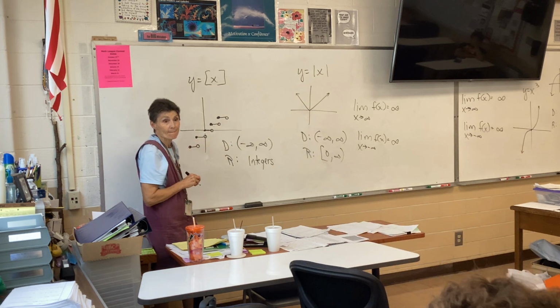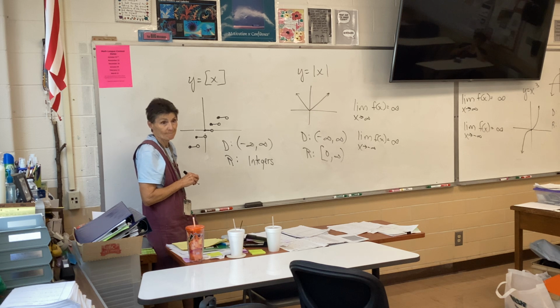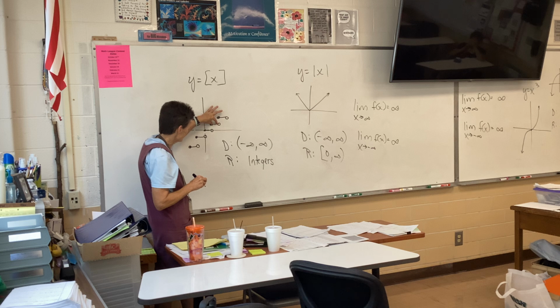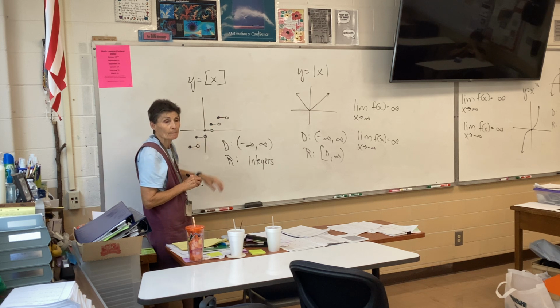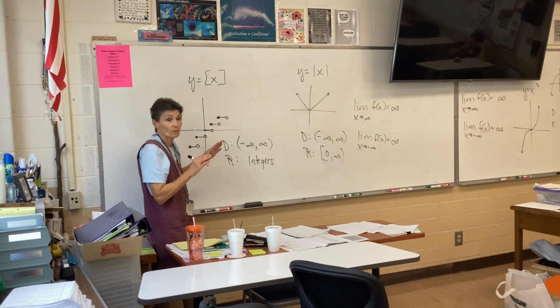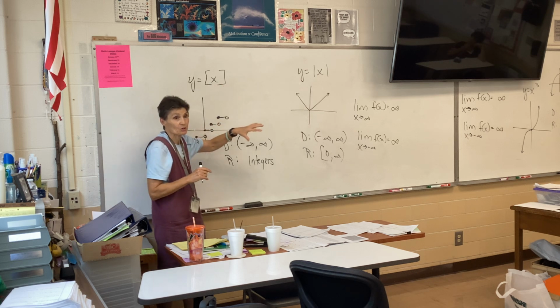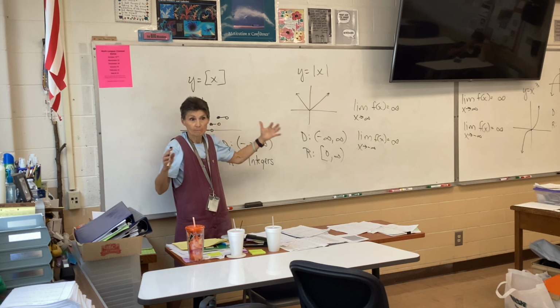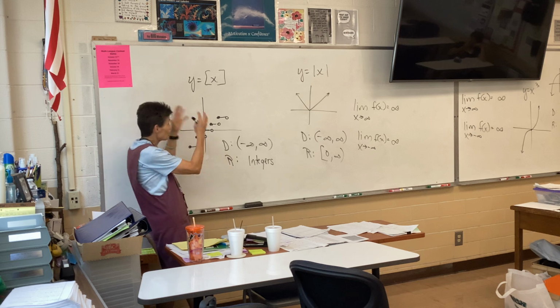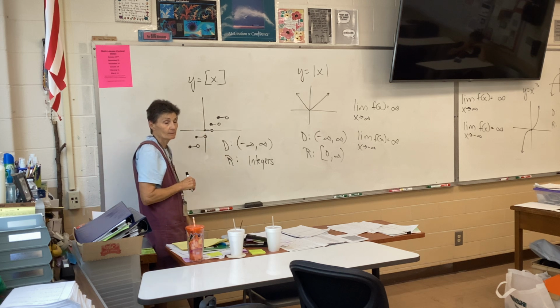But what if the whole thing's raised up by like half? Then you'd have integers plus 0.5, you would have to. But remember, we have all kinds of modifications that are going to change lots of things. We're looking at just the basic functions now.